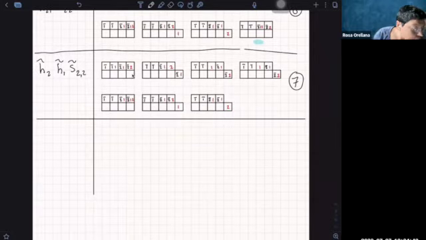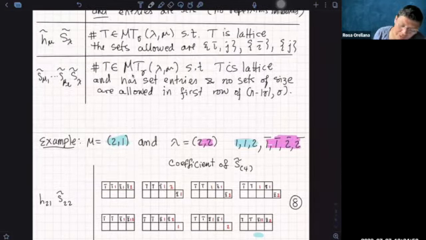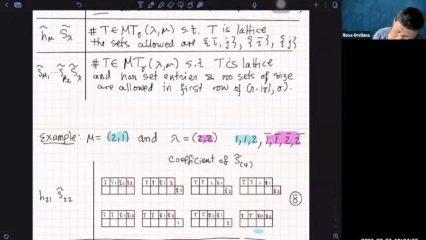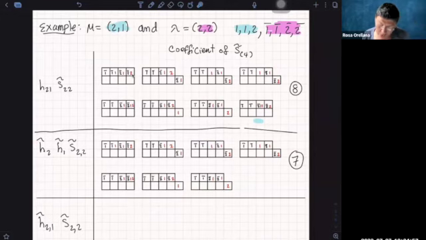In the next one, I wanted H tilde 2, 1 times S tilde 2. If we go back and look at what the conditions are, we only want these types of entries. So we want to look at which ones would get eliminated, and this one would get eliminated.